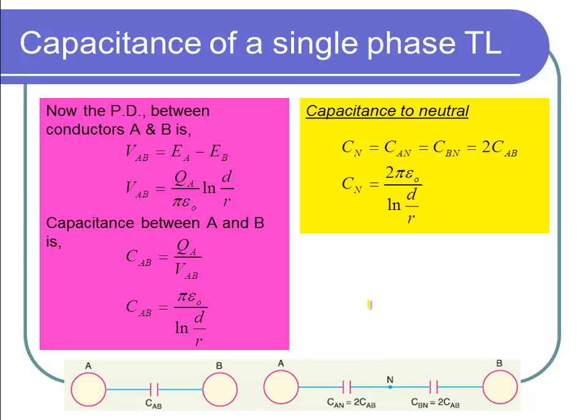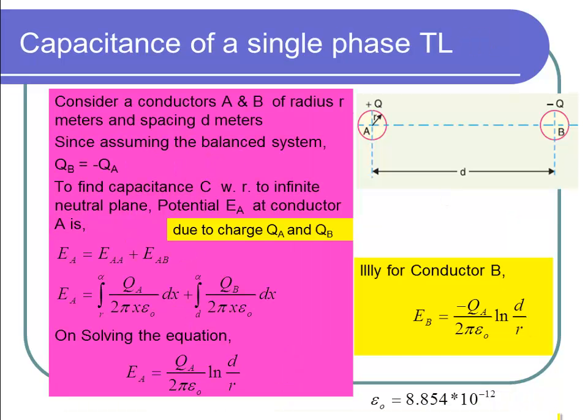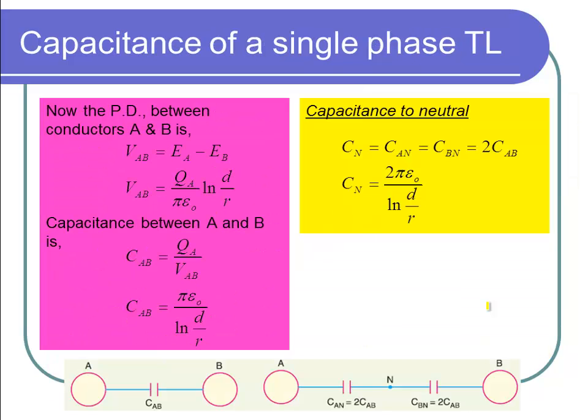So positive Q and negative Q are there, and there will be zero potential and zero charge at that point because of plus Q and negative Q. So there we can calculate the capacitance from A to N and B to N. That equation is the one we derived earlier in the last session. In this case, both are the same.